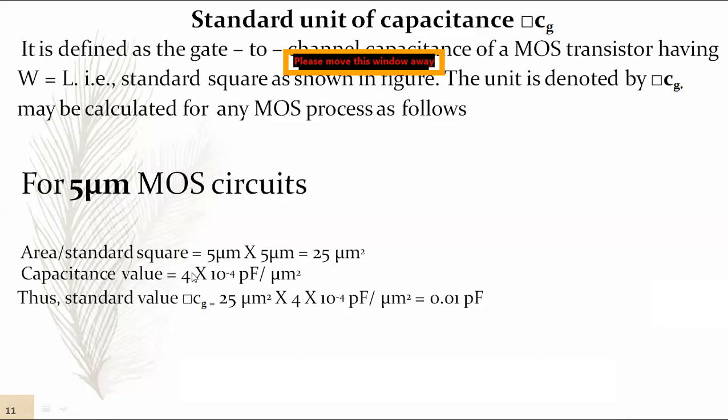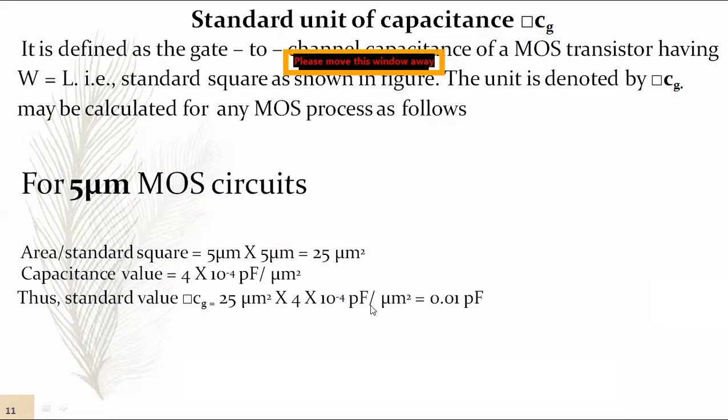The capacitance is to be converted into the standard value in terms of square Cz. Area is 25 micrometer square into 4 into 10 to the power of minus 4 picofarads per micrometer square.